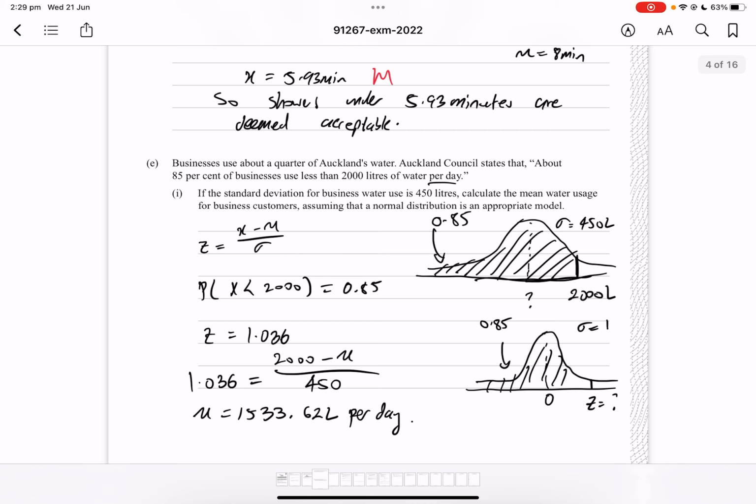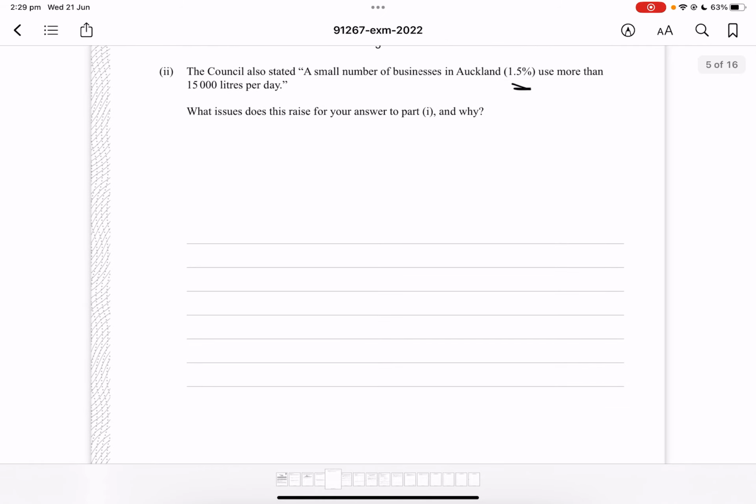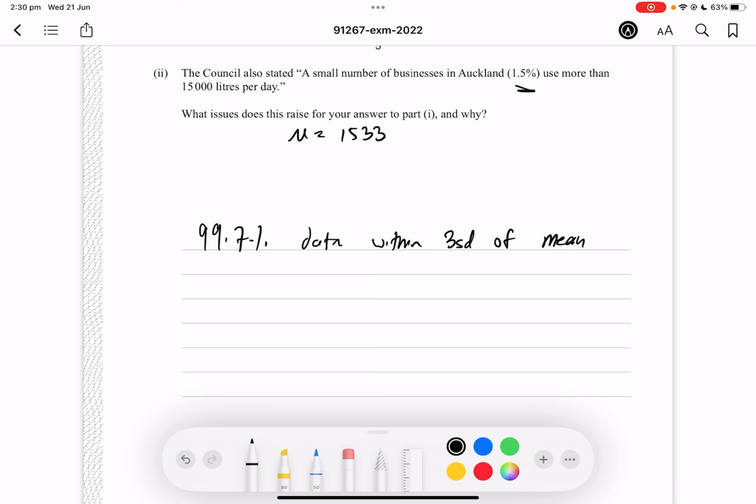And in terms of what I said before, in question C, I did say that about 99.7% of the data is within 3 standard deviations of the mean. So in this case, we know the mean is 1533, well, 1534 if we round to a whole number.